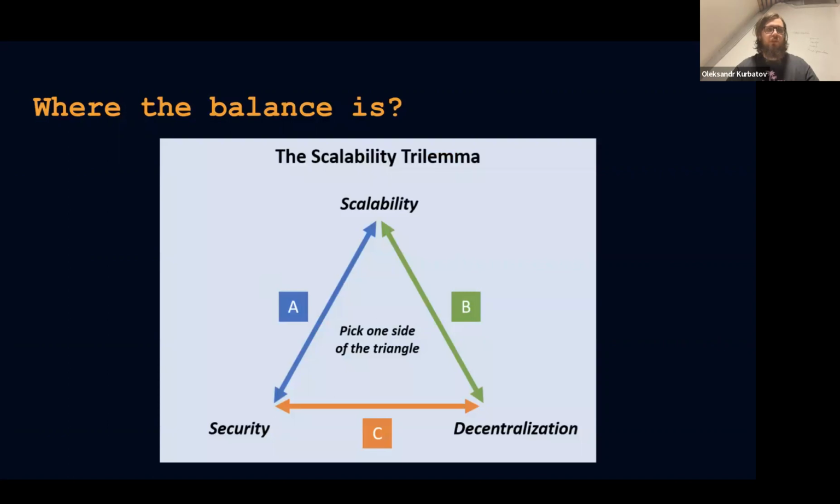Also, there is a really famous trilemma. You should select between security, scalability, and decentralization, and it affects any decentralized system. So it can be as secure as possible, but it means that in some component it can be not scalable, and it can be not decentralized.